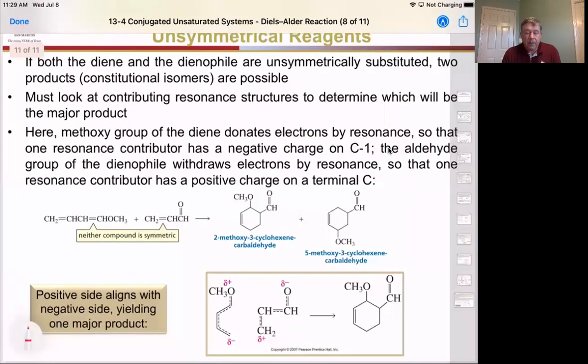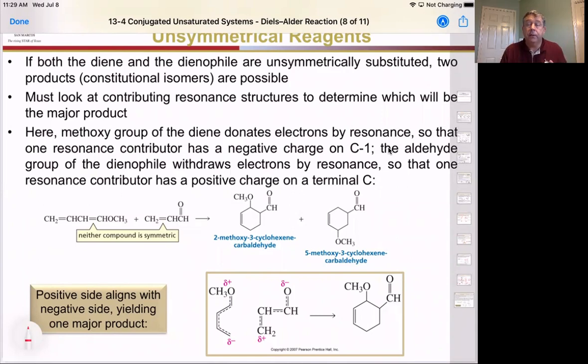Okay, so when we have unsymmetrical reagents, we still have specificity. When both the diene and the dienophile are unsymmetrical, we can form two possible products, but we can figure out which one is major based on its electron contributing resonance structures. In this case right here, we have the diene and it has a methoxy group on it.